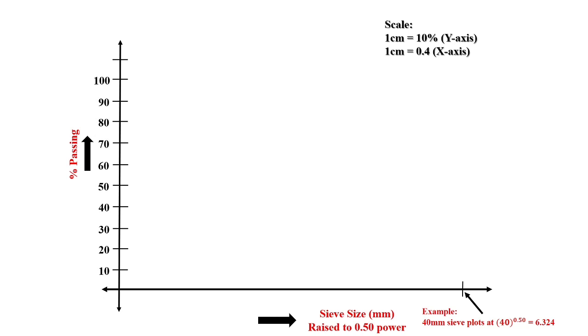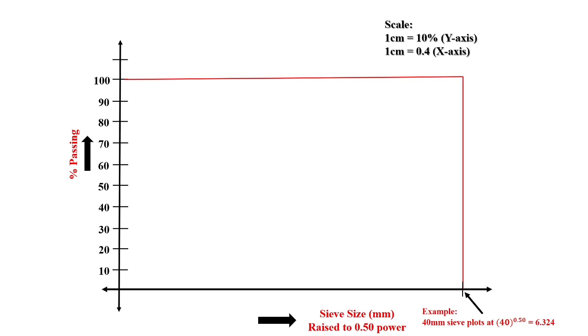Now the horizontal line will be drawn corresponding to 100% passing and parallel to the sieve size axis, and we'll draw a perpendicular corresponding to the 40 mm sieve plot as shown.